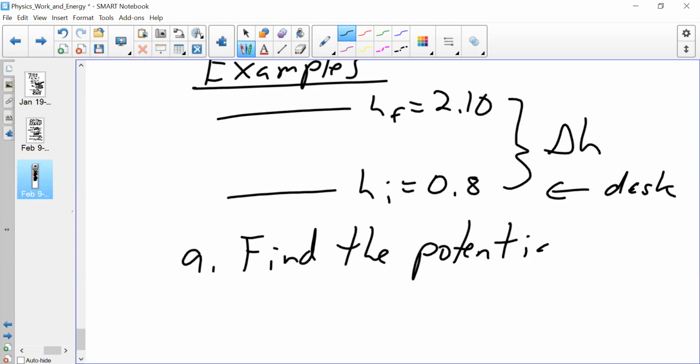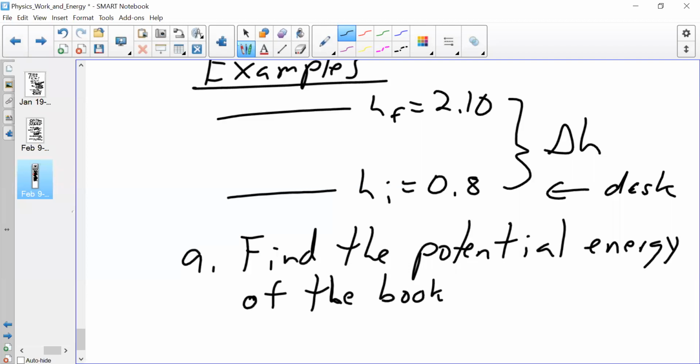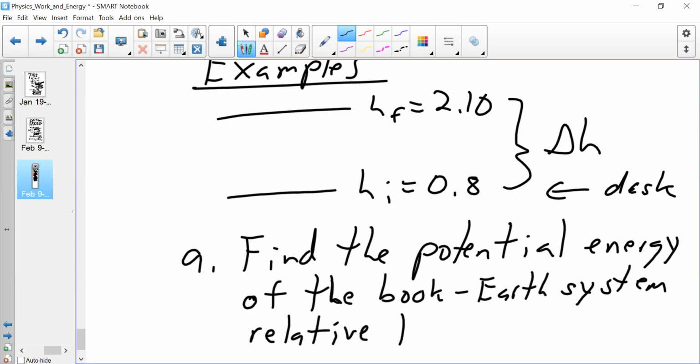So in this example, we want to find the potential energy of this system relative to the ground when the book is on the shelf, right?